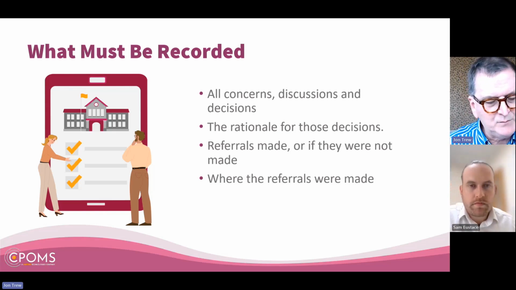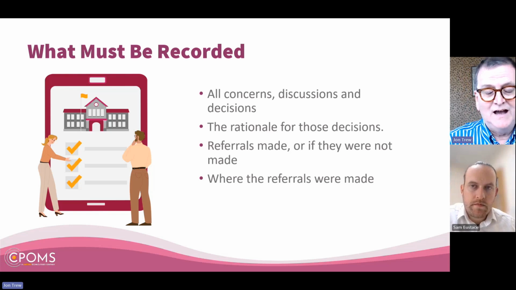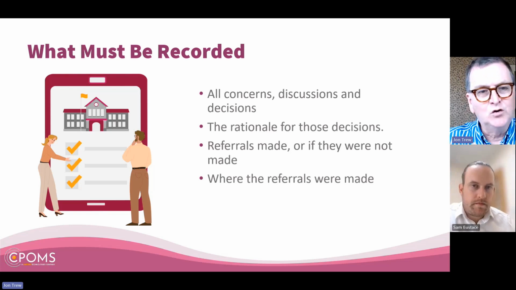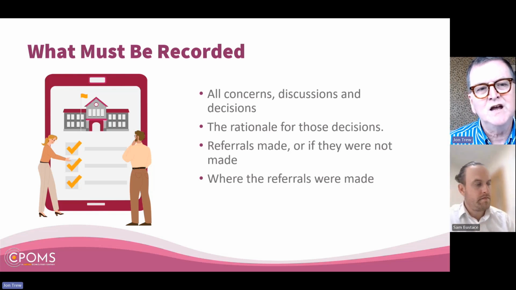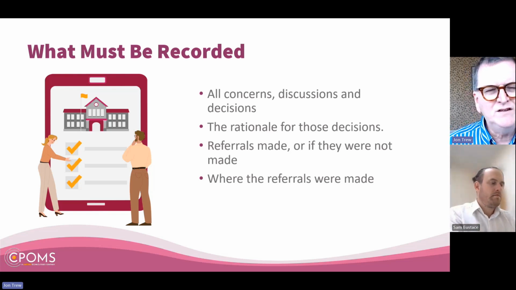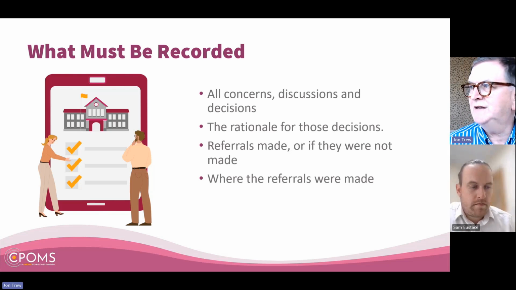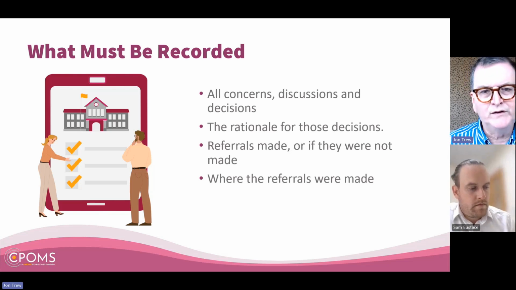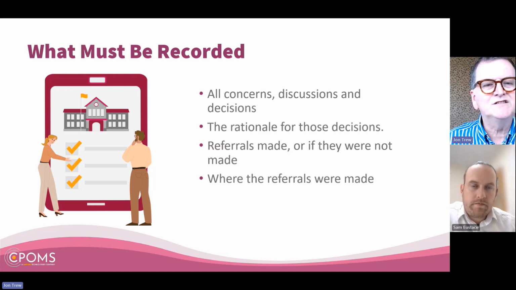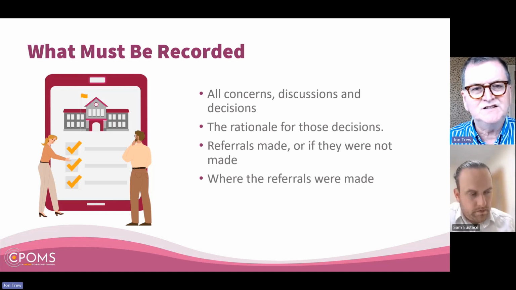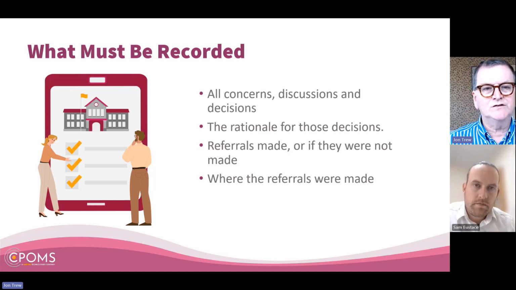One of the things I've come across in many schools is that often schools will record the decision to make a referral to social services, but very often when they've decided not to, when they've decided to continue to monitor the young person or the child, they've not included the rationale. They haven't said why we've decided not to.